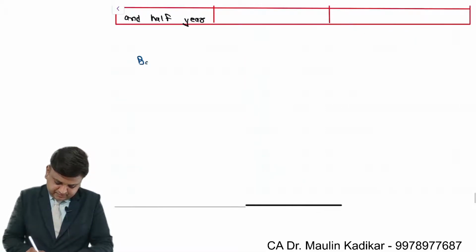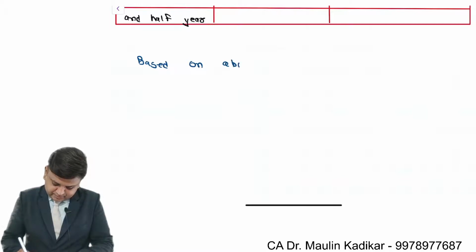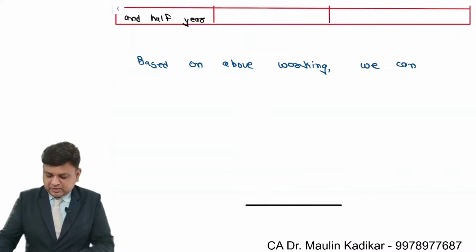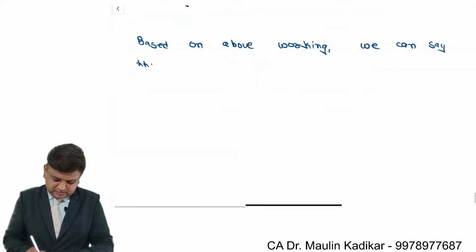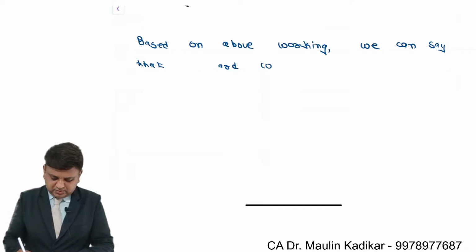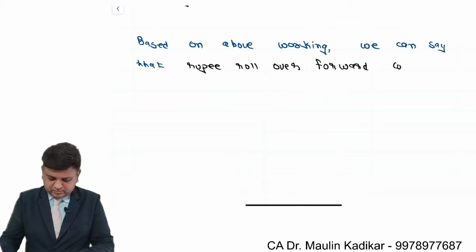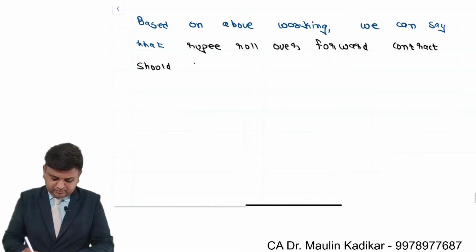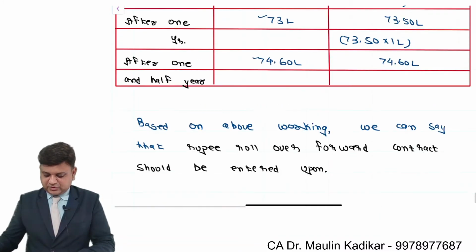Based on above working, we can say that forward contract, rupee rollover forward contract should be entered upon. Full stop. This is what we understand.